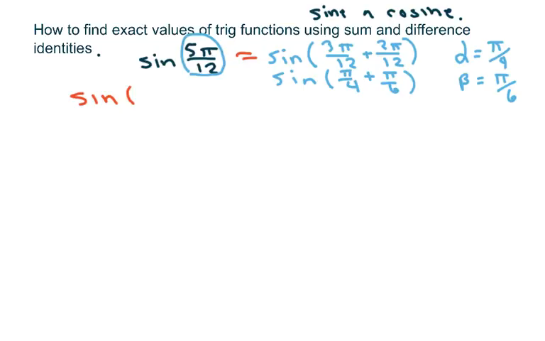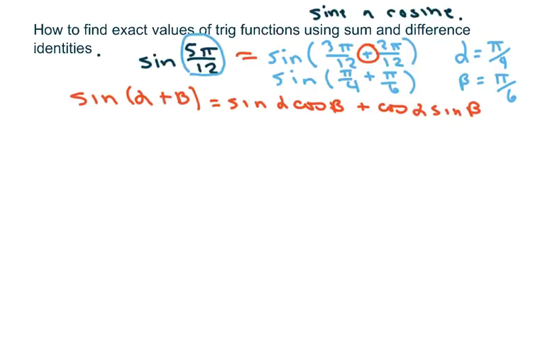Now we know the formula, since this is a plus: sine of alpha plus beta equals sine of alpha cosine of beta plus cosine of alpha sine of beta. And then you just substitute everything in.